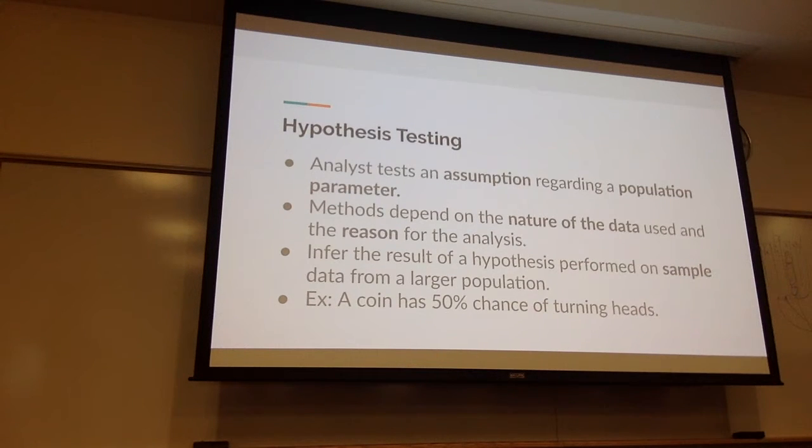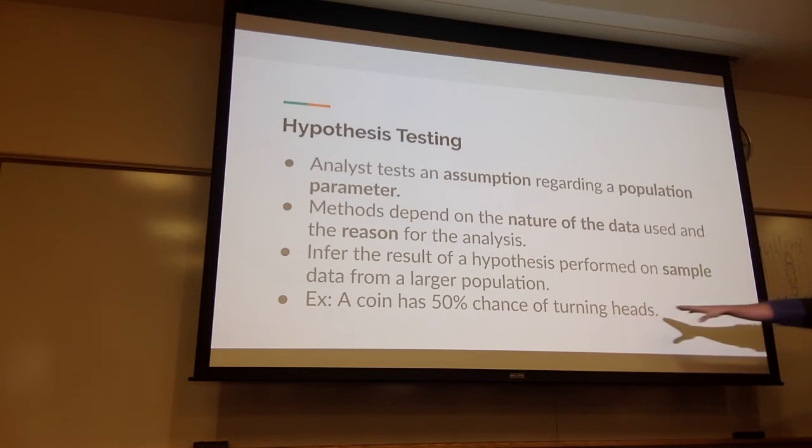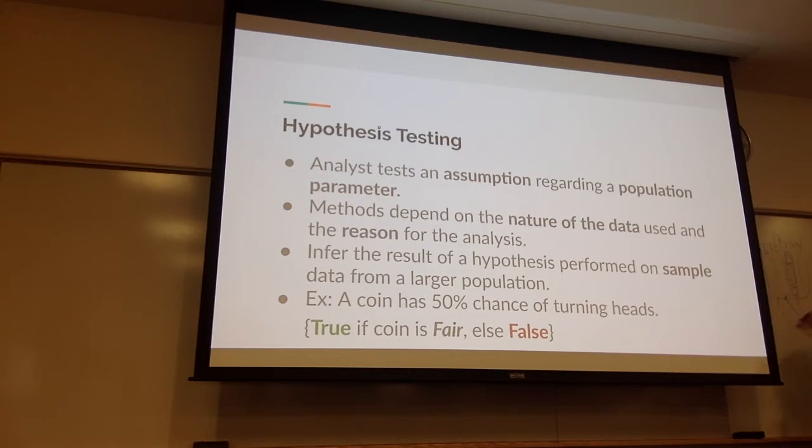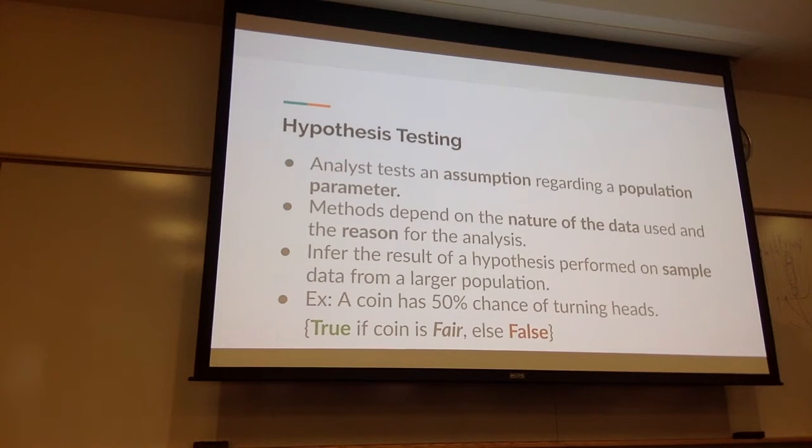A coin has a 50% chance of turning up heads. So this is a fair statement. Do you guys agree that this is a fair statement? For a fair coin, yes. So that is the hypothesis. When you have this hypothesis, you should be able to provide some proof, concrete evidence that only if it's a fair coin, this is true. If it's not, it fails.